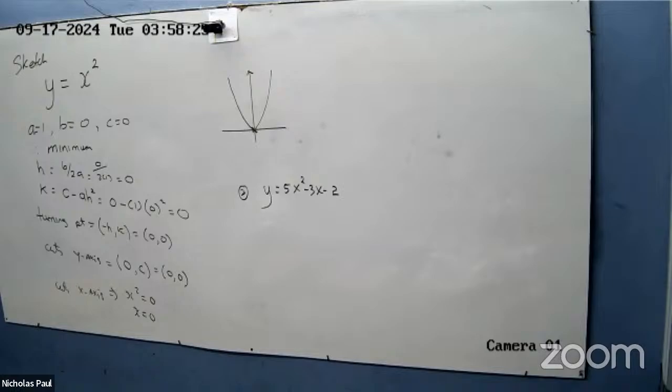What's the first thing you need? Look at the example. What's the first thing we need, Kieran? A, B, and C, right? We need A, B, and C, and then you can figure out the other things.